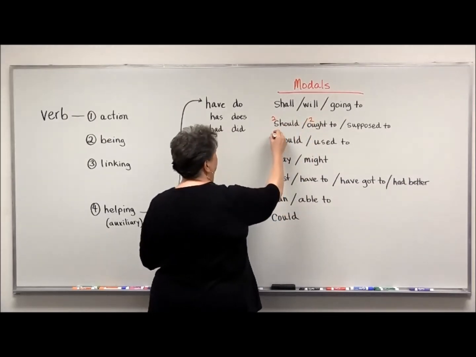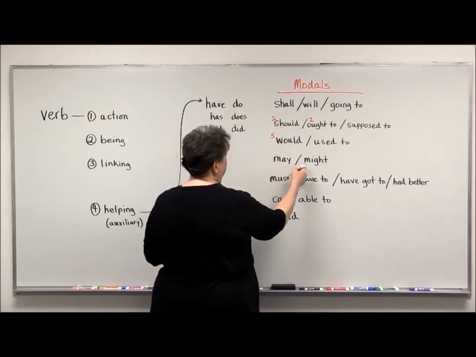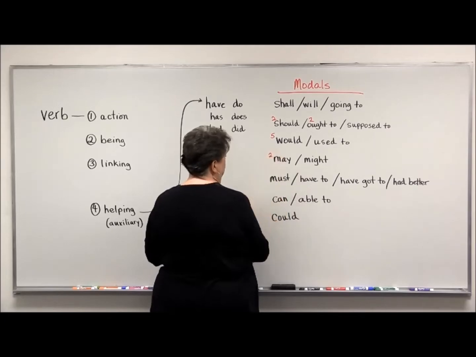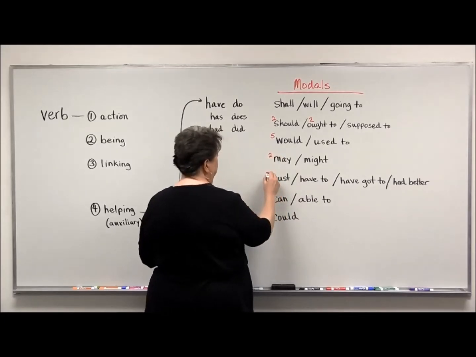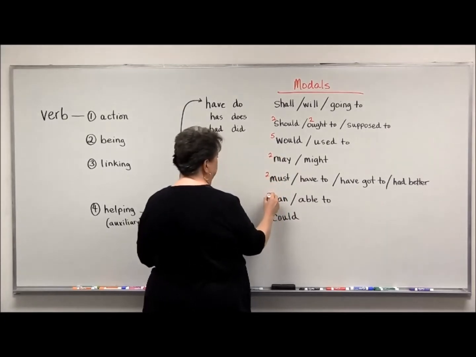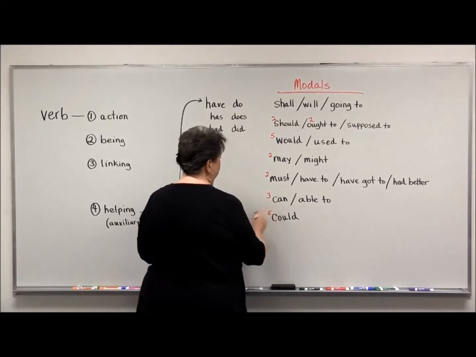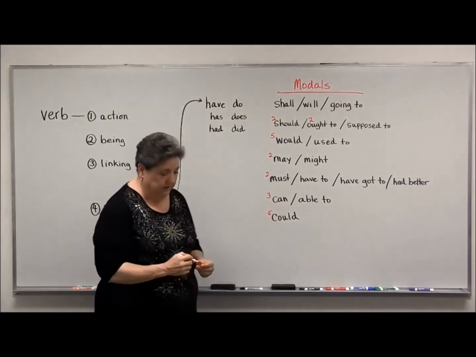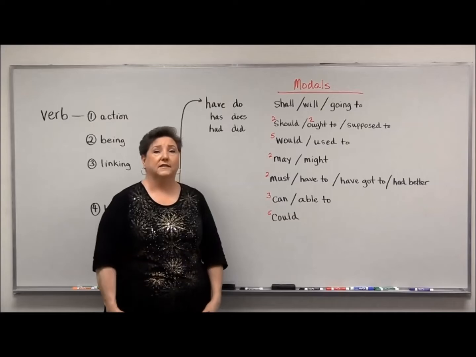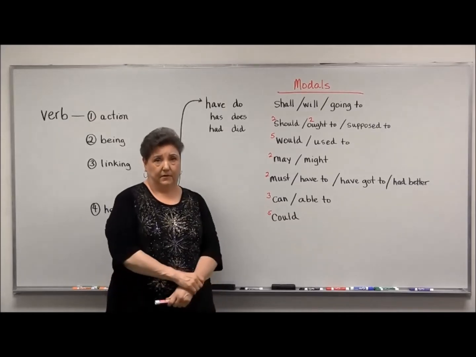Would has 5. May means the same thing as might, but may also has a second meaning. Must has 2 meanings. Can has 3, and could has 5 different meanings. That's why it sounds a little complicated sometimes.